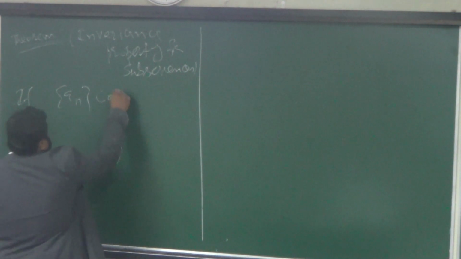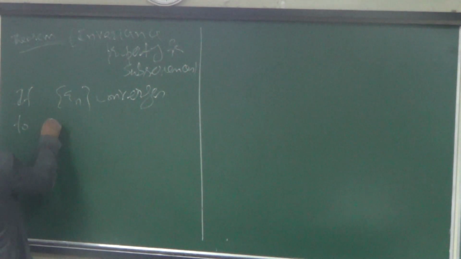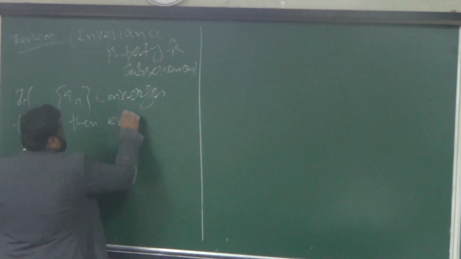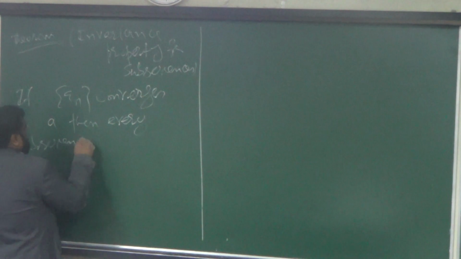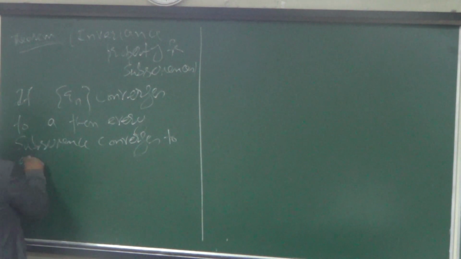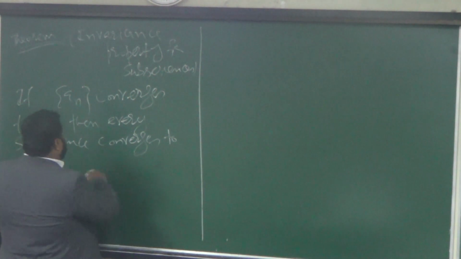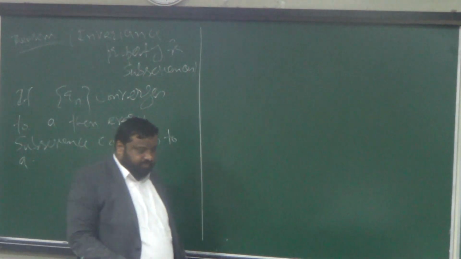So if a_n converges, so I have a sequence which converges to a point A in the space X, then every subsequence converges to, obviously, the same A. Something which is very much as expected.